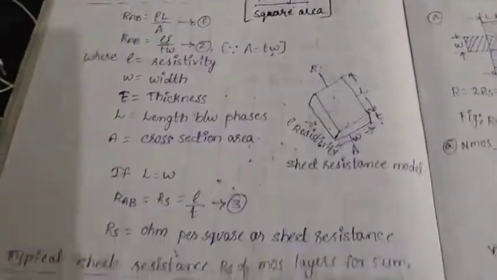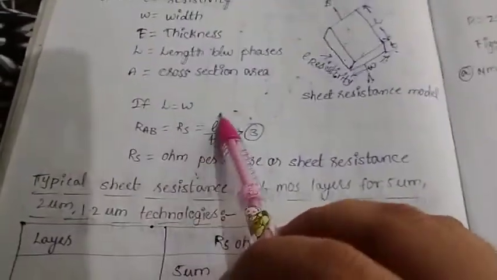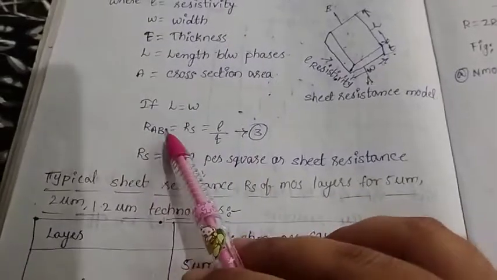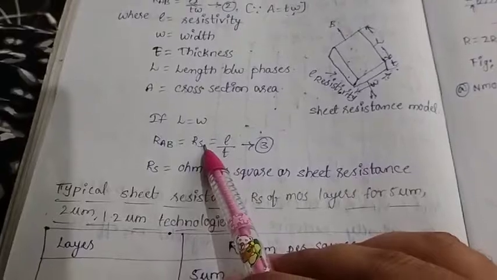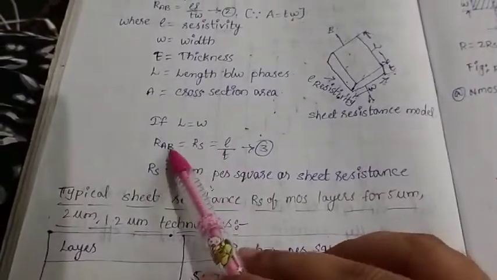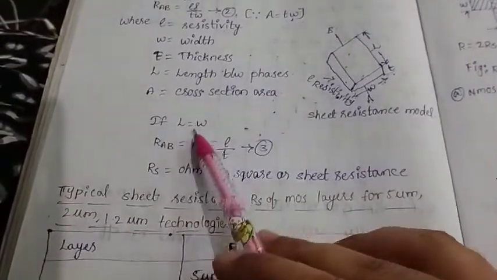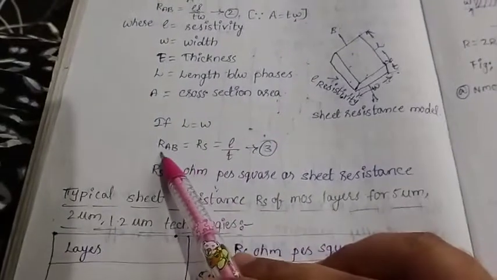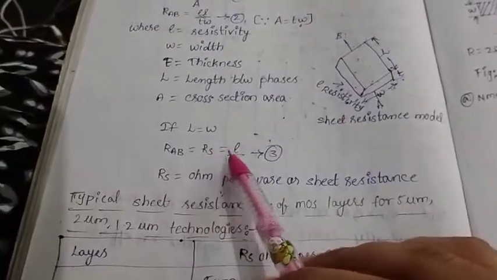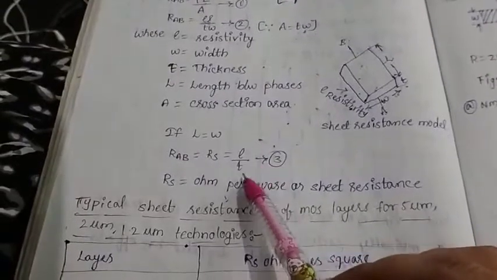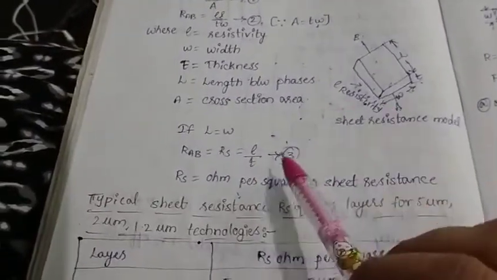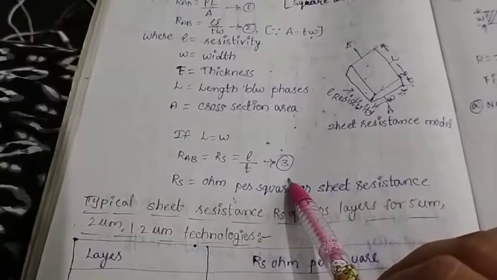If we consider length equal to width, that is L equal to W, then the resistance between A and B is rho by T, that means resistivity divided by the thickness of the material. This is denoted as equation number 3.